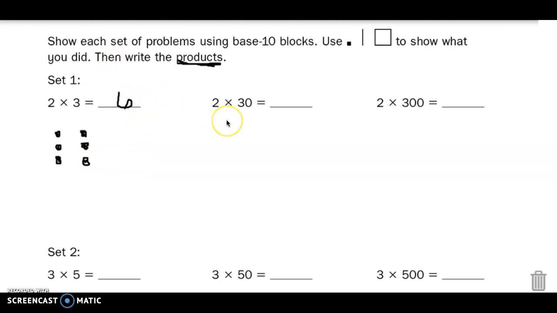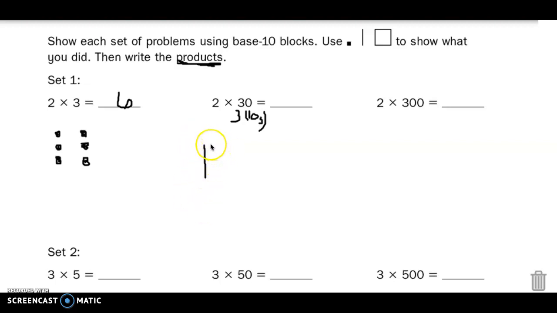But now we have to look at 2 times 30. Well, how would we show that? So 2 times 30 is like 2 times 3 tens, right? We can say it's like 3 tens. It's another way of writing it. 3 tens equals 30. Well, I know that our stick equals 10, so I'm going to draw 3 of them. Or our long equals 10.